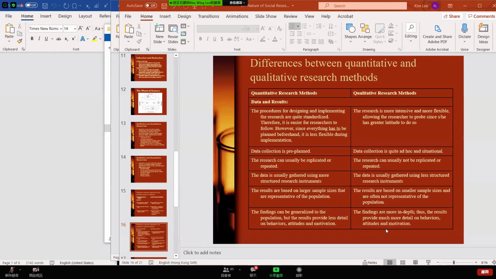One is more in-depth, more rich. You may say that qualitative research is rich in information, but quantitative research is powerful in terms of size, in terms of the application of the result to a huge population. But they are thin, shallow.